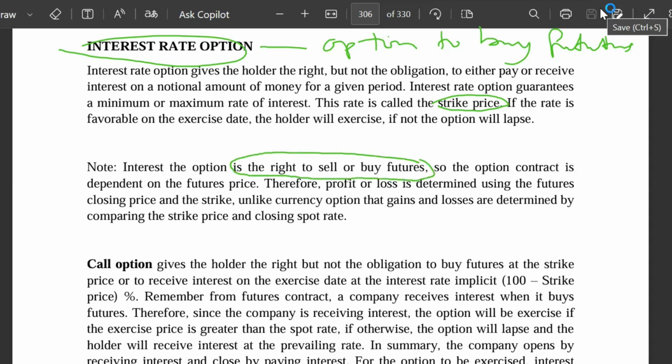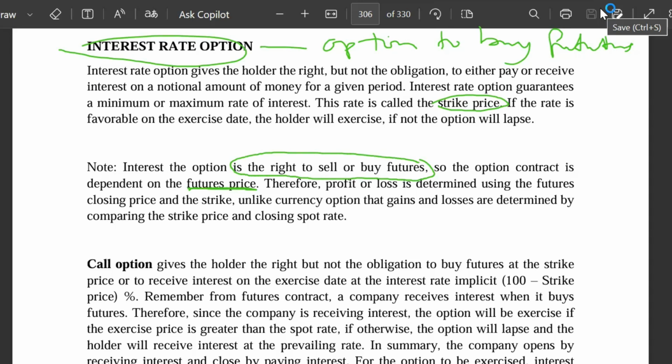So the option contract is dependent on the futures price. It is the futures price that will determine if the option should be exercised or allowed to lapse.